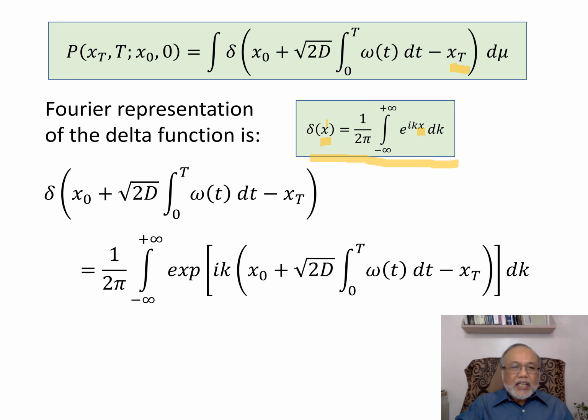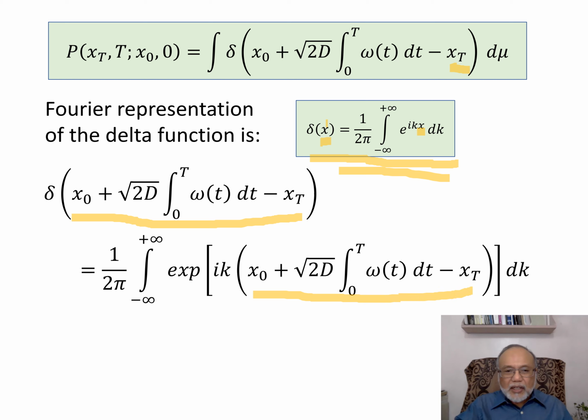So in this delta function, this whole thing would be our x in this Fourier representation, and it will be exponentiated. So using this expression, the delta function can be given by 1 over 2 pi integral of e to the ik of whatever was inside the delta function. That's this one.